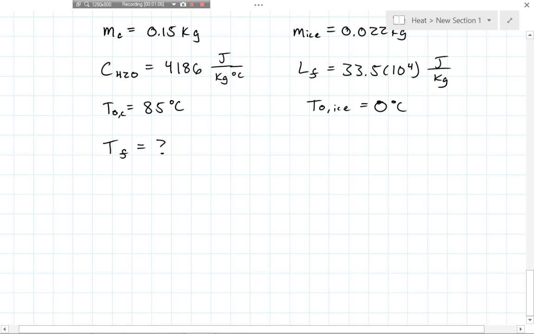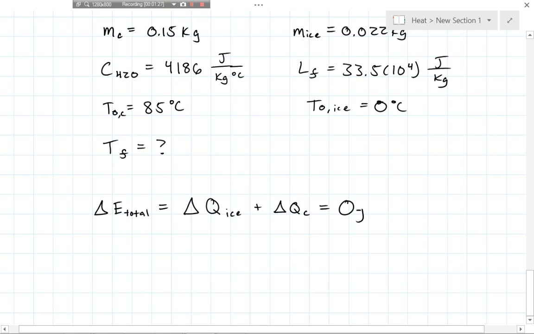So again, this is just like the previous thermodynamic equilibrium problem. The idea is that energy will be conserved, so we can say the change in the total energy is going to be equal to 0, and the change in the total energy is equal to the change in the heat of the ice plus the change in the heat of the coffee.